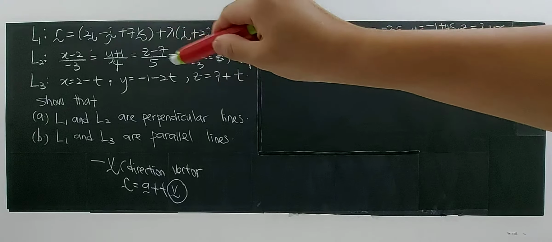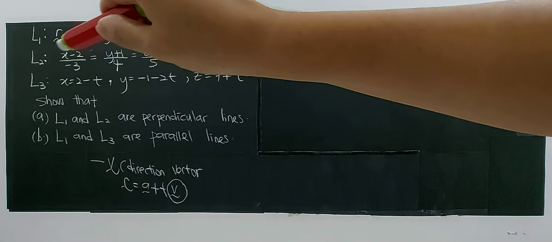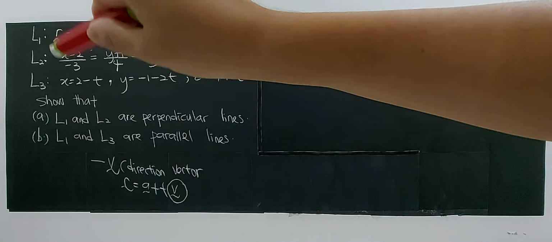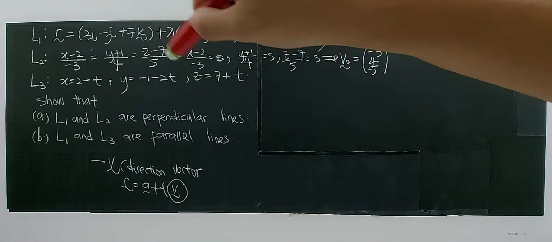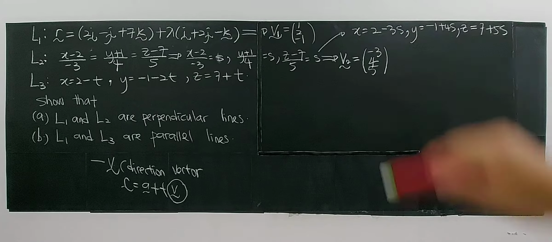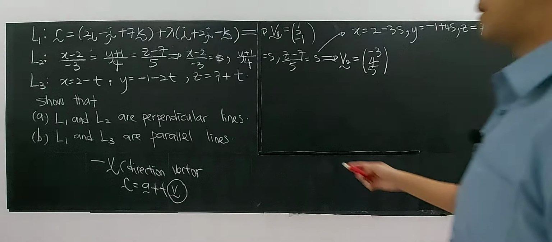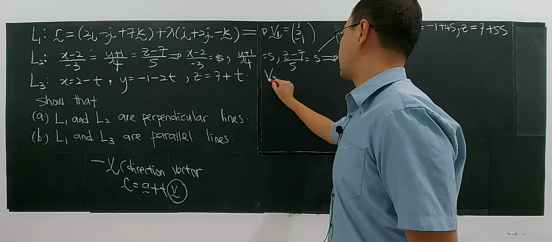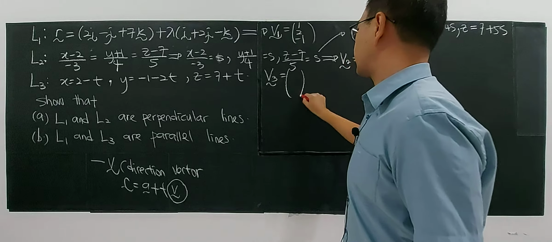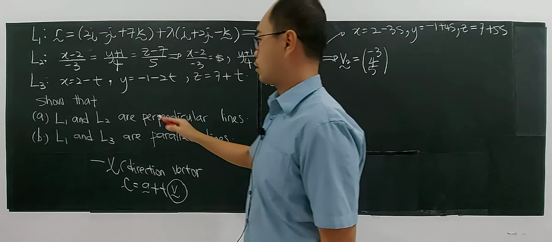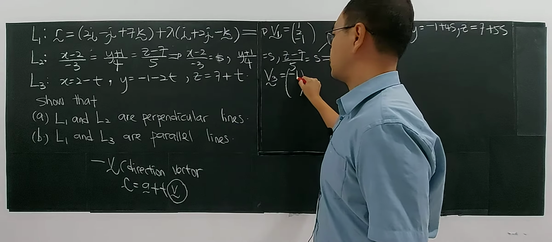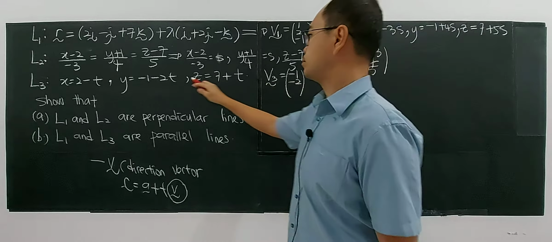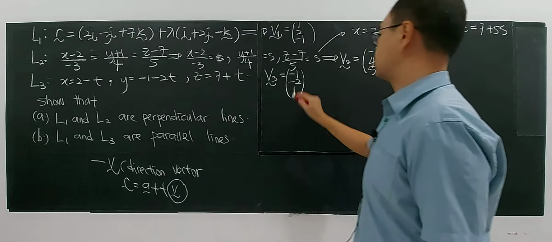While doing it this way, you must make sure the coefficients of x, y and z are all +1. Since all here are +1, you can take the denominators as your direction. So how about line 3? The direction vector for line 3 will be the coefficients of t: (-1, -2, 1).